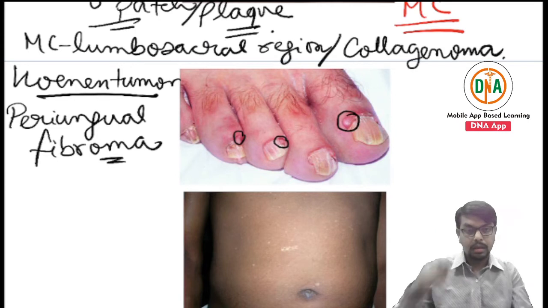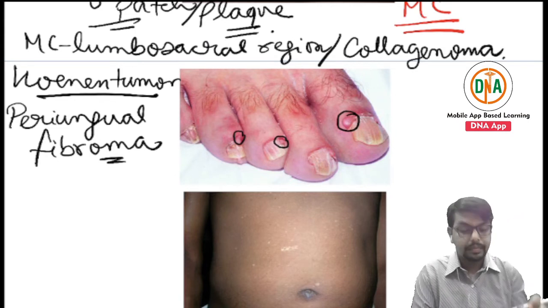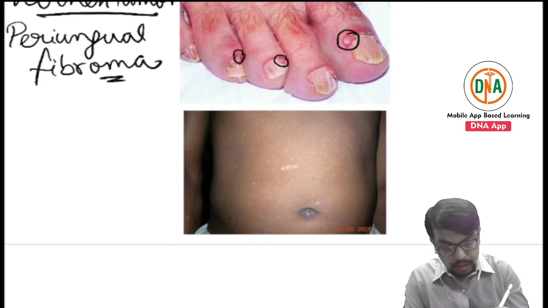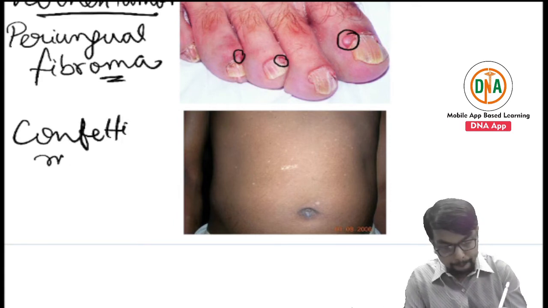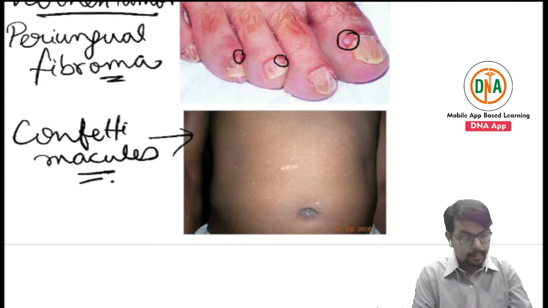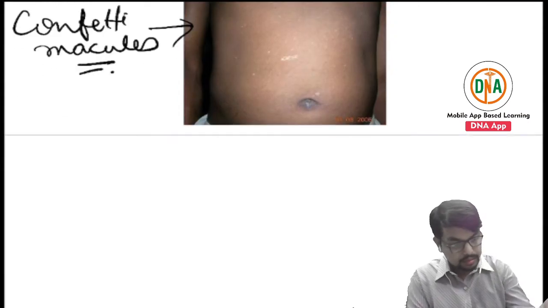Okay, next, this is confetti macules. Wide distribution of hypopigmented macules throughout the trunk. This is confetti macules.